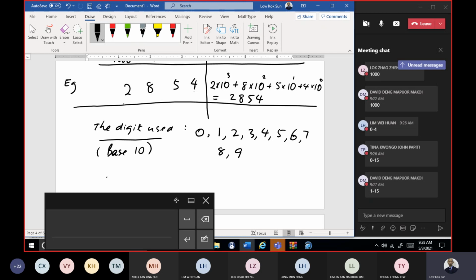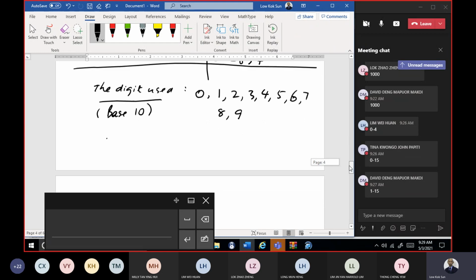You understand? So the same thing happens in other systems. The front ones carry a high position, the position value is very high. So we are going to use this logic for other number systems. Very, very simple.